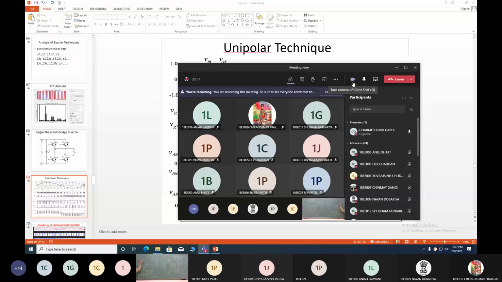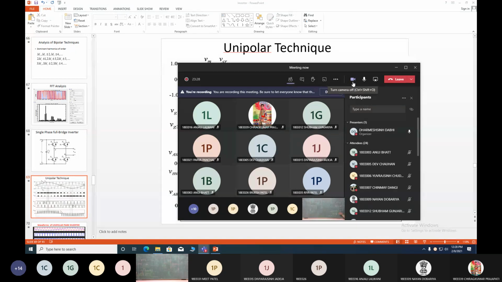When S1 starts to turn on, at that time S2 is already on. After that VG1 remains on up to this point, and VG2 also remains on up to this point. So this is a common period, starting from here and ending here, where both switches S1 and S2 are on simultaneously.